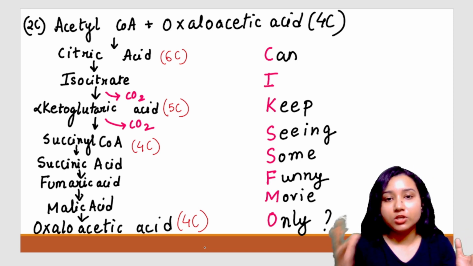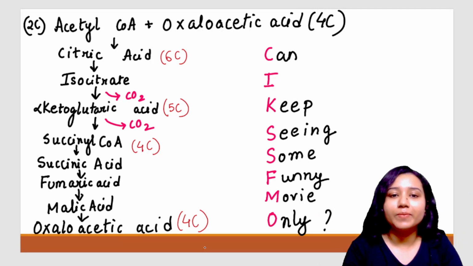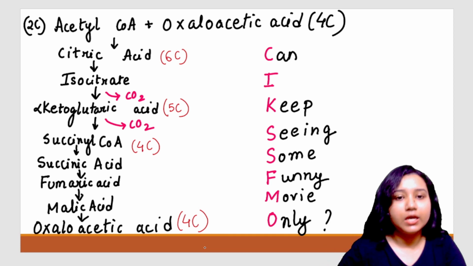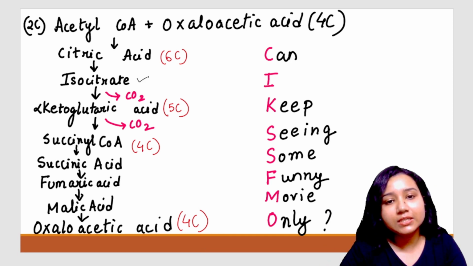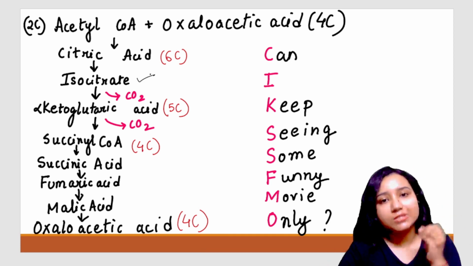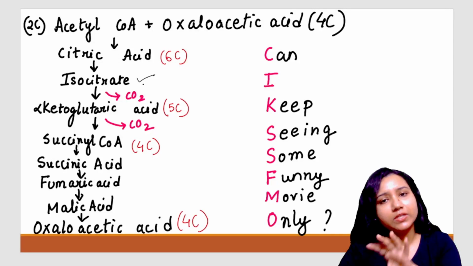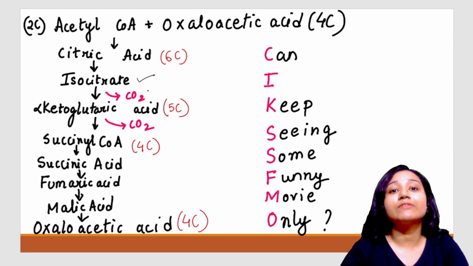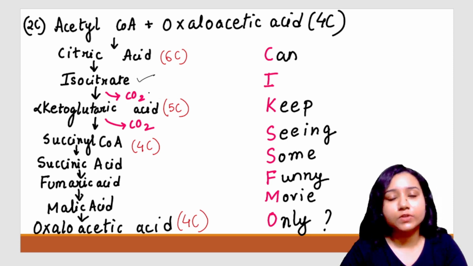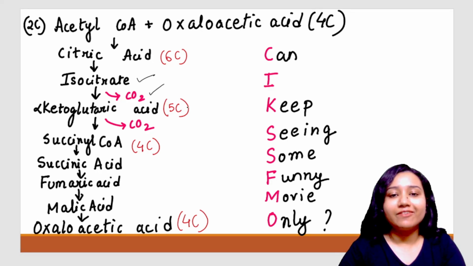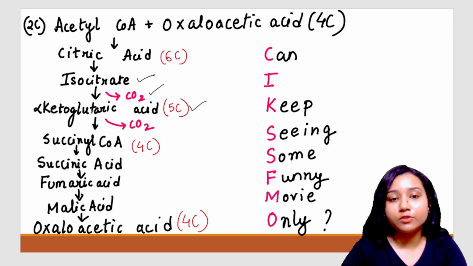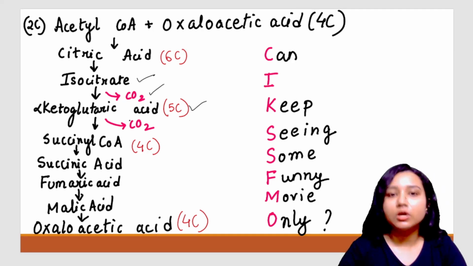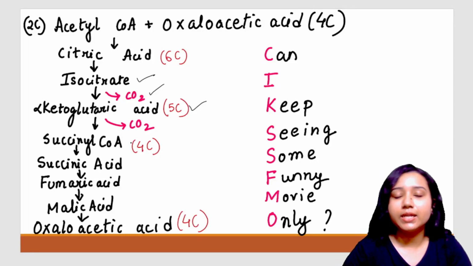Acetyl-CoA and oxaloacetic acid by condensation form citric acid, 6 carbon, right? After that, it forms isocitrate, through hydration and dehydration. After that, there was an oxidative decarboxylation, with removal of carbon dioxide, and 5 carbon alpha ketoglutarate was forming. Then again oxidative decarboxylation, and succinyl CoA was forming.